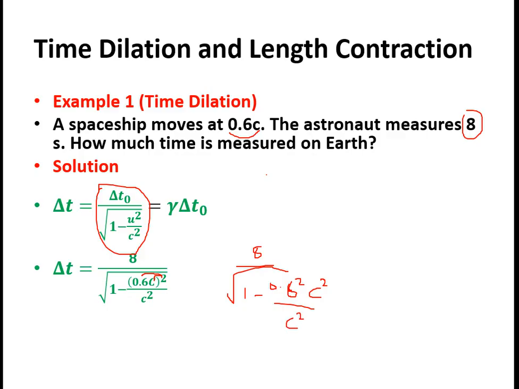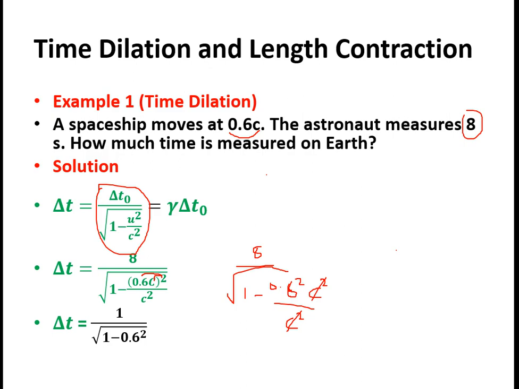So you can see that c square is common to both the numerator and the denominator, so this will cancel this. What will be left is 8 over square root of 1 minus 0.6 square. Okay, so this is what you will see.